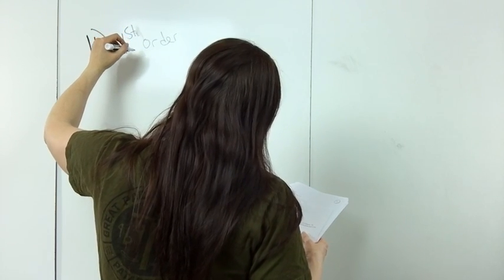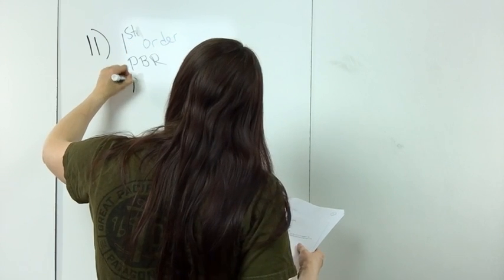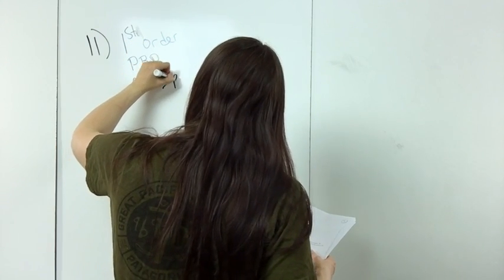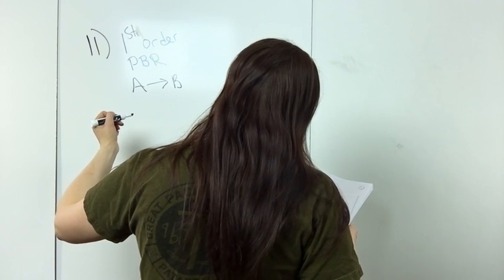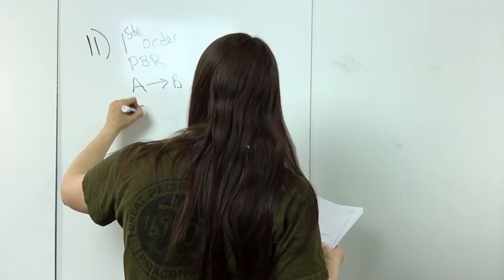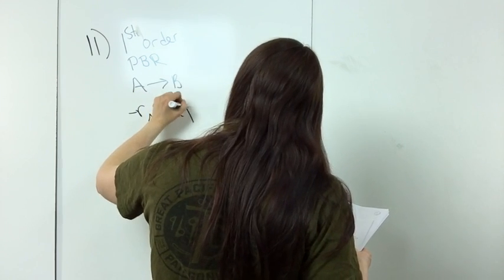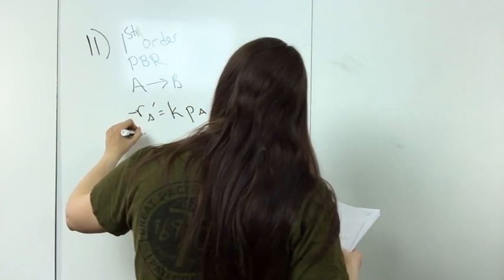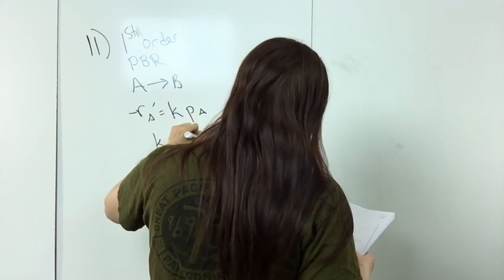This is your reaction A to B, and it gives you the reaction rate and constants. So the rate is equal to K PA, and K is equal to 0.75.